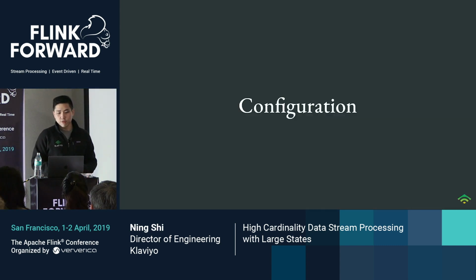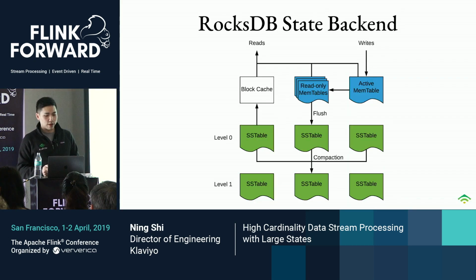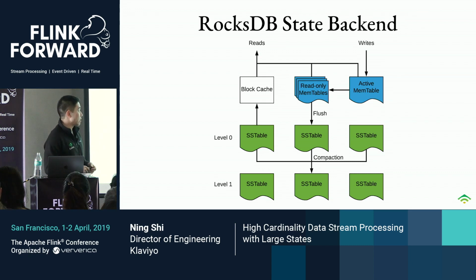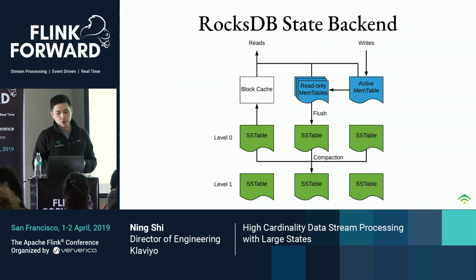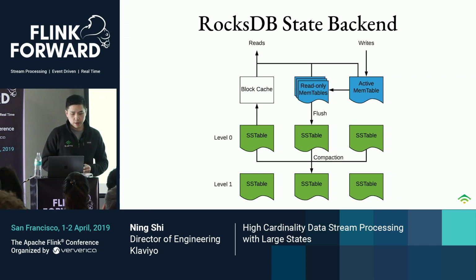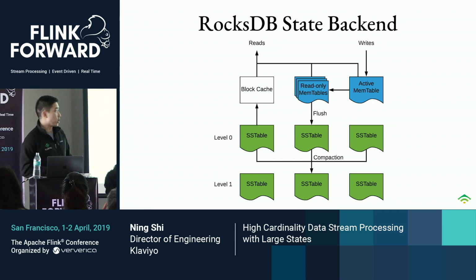Next category is configuration changes. And I think probably the most important one is related to the state backend. RocksDB is the main state backend, and that's what we use to store our large amount of state in Flink. Before I go into the tunings for RocksDB, I think it's worth talking about how RocksDB works in general.